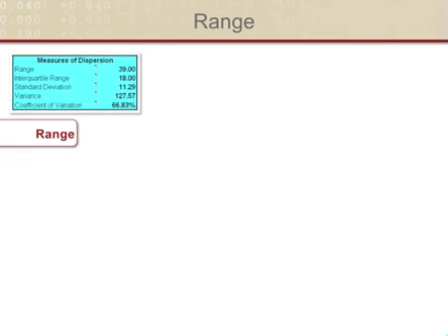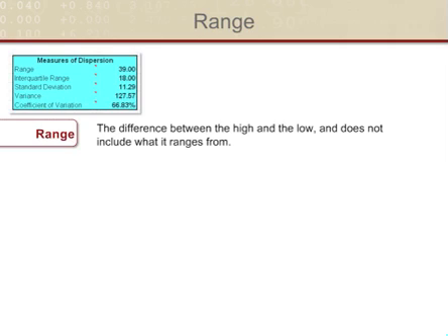But the statistic called range is just the difference between the high and the low, not reporting what it ranges from. Personally I'd rather you tell me the minimum and the maximum and let me do my own math, because I know a lot more information, but the range itself is how wide is that distance.